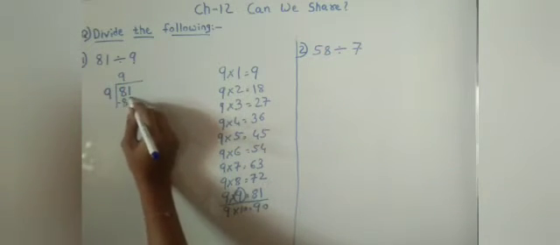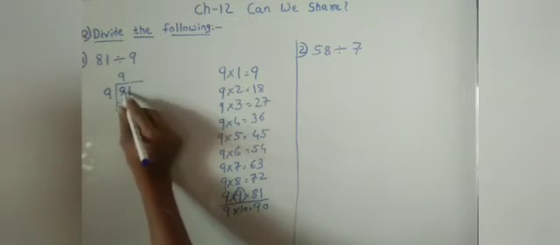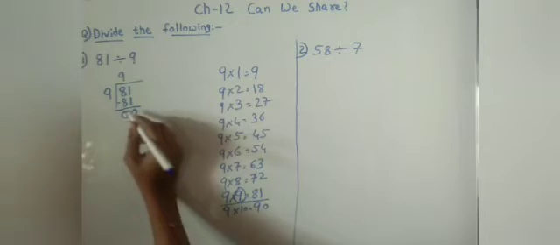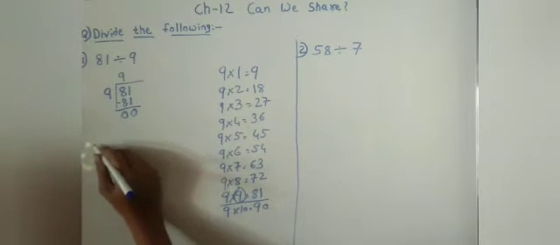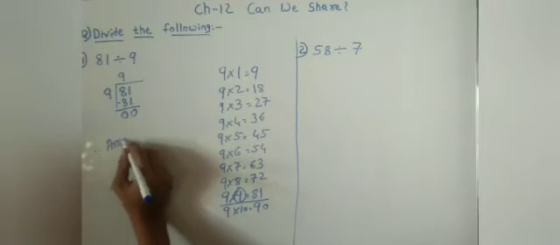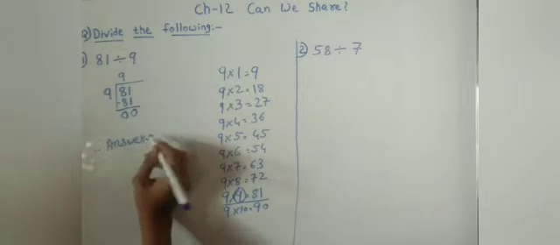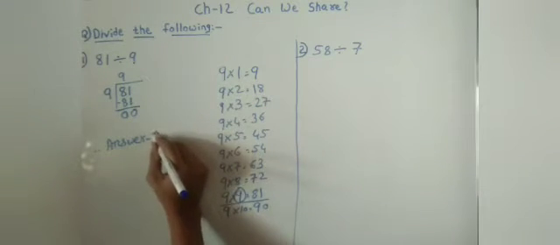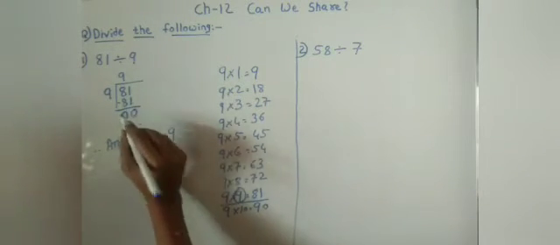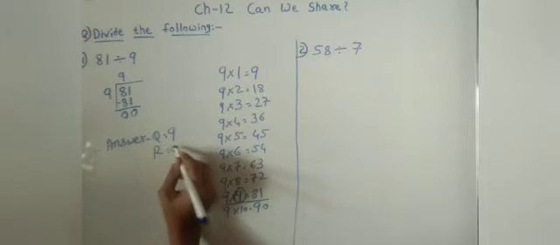Now we will subtract. 1 minus 1, 0. 8 minus 8, 0. So, therefore our answer is quotient 9 and remainder 0.